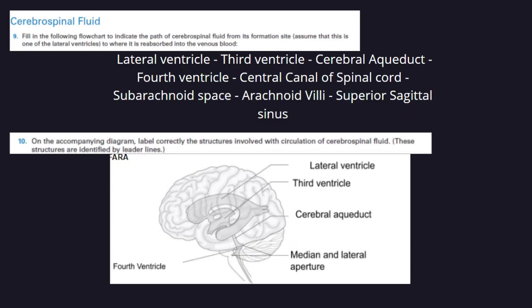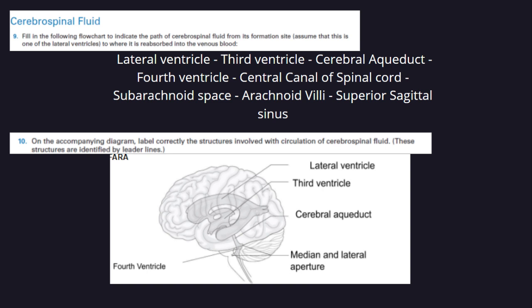Number 9. Fill in the following flowchart to indicate the path of cerebrospinal fluid from its formation site. Assume that this is one of the lateral ventricles, to where it is reabsorbed into the venous blood.